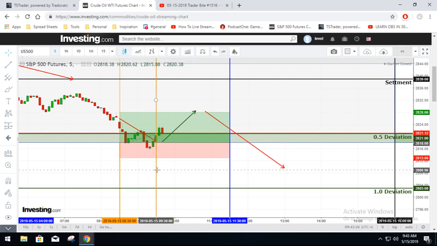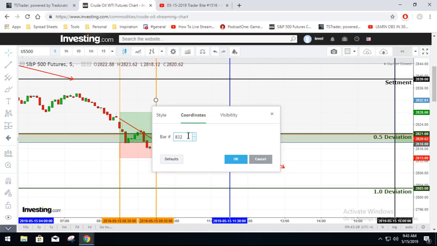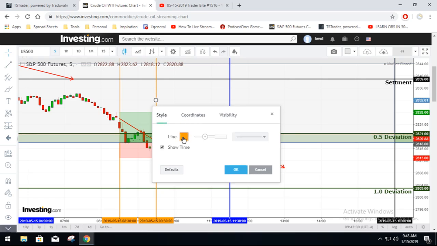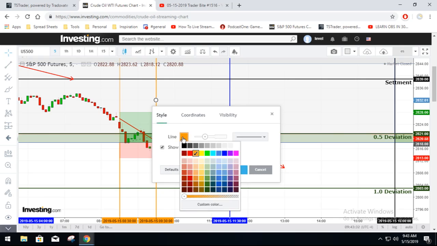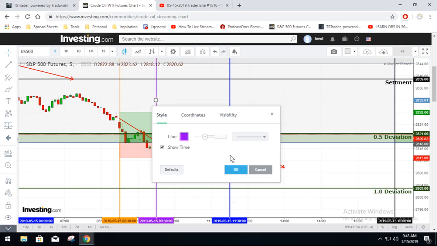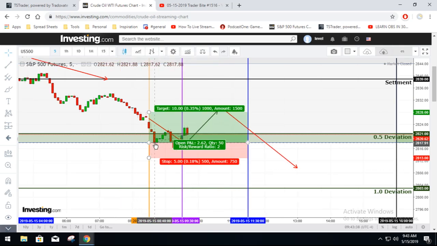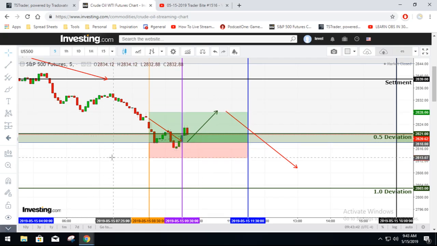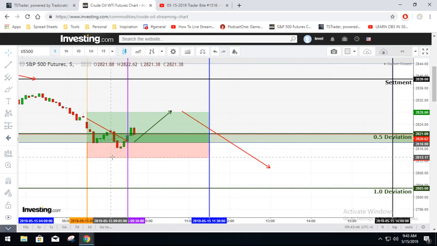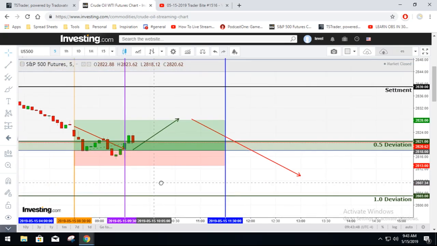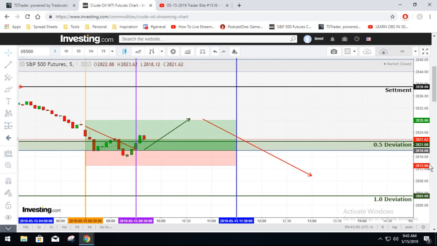Have a return exactly to the 18s. I'm looking for the pop to the upside. So it's based on your style of trading, how much risk you can handle.